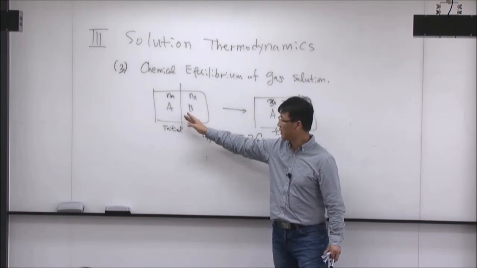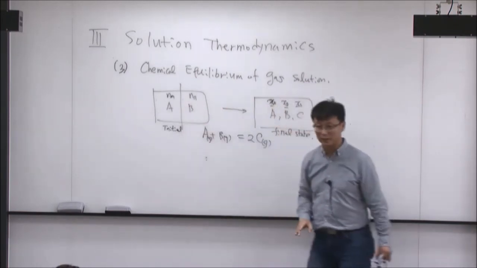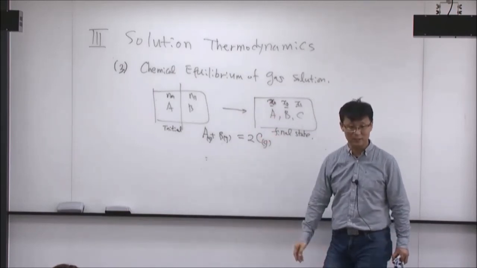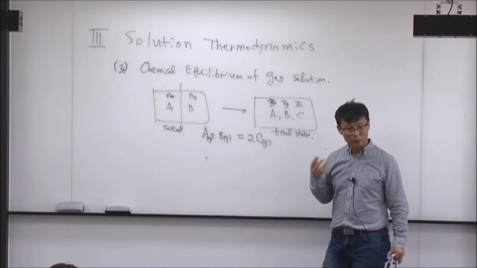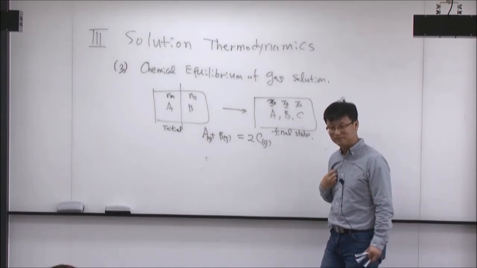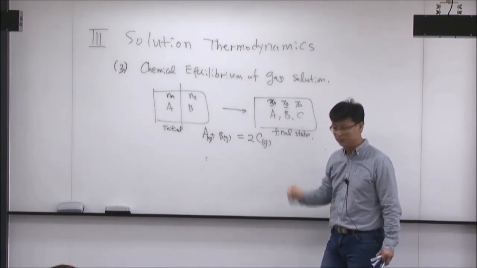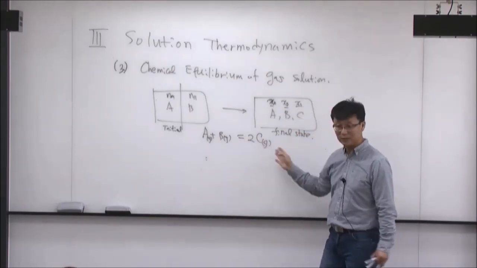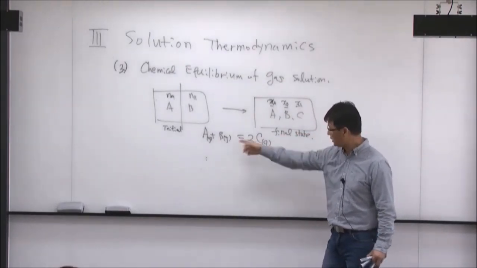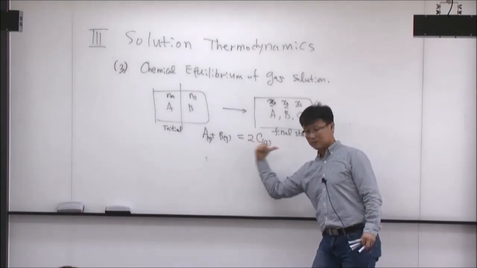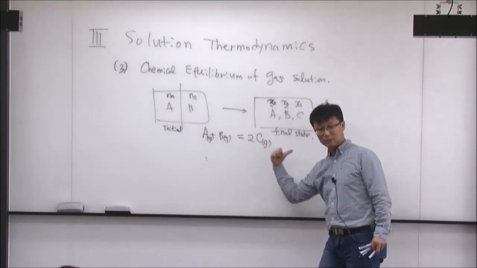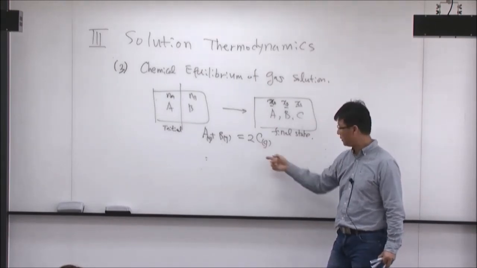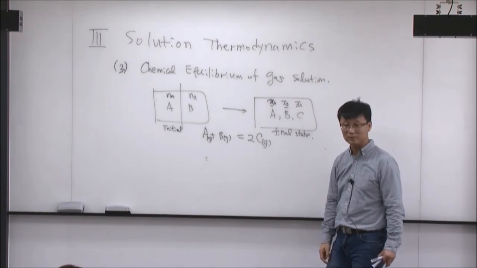Then I remove this barrier to make them mix together and even make a chemical reaction. According to the thermodynamic table, for pure A, B, and C Gibbs energy, I equate that together, and I find out that this is a negative reaction. Then the Gibbs energy is negative by forming the C gas phase.